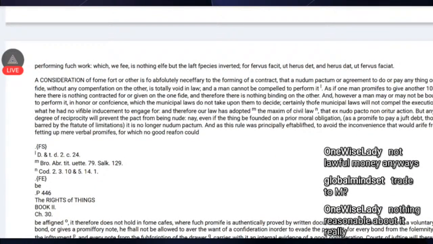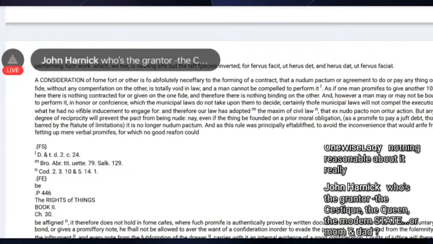So, and then a man cannot be compelled to perform it. As if one man promises to another a sum of money, here there is nothing contracted for or given on one side, and therefore there is nothing binding on the other.